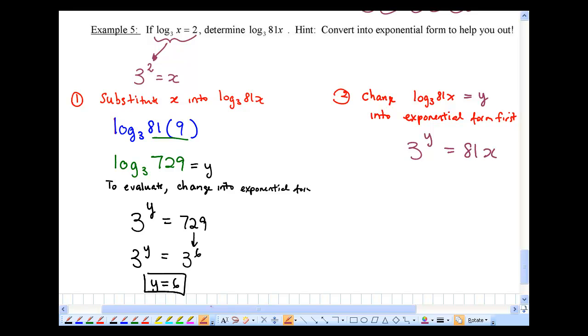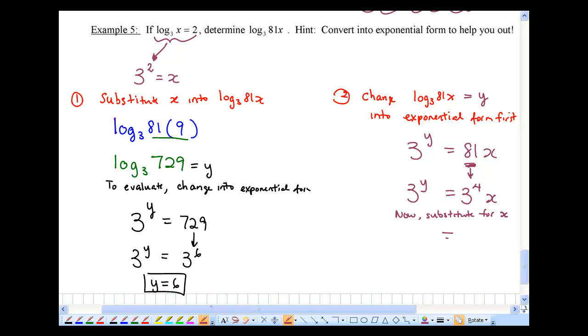And notice I know that it's base 3, and I'm thinking maybe the 81 I should convert to a base 3 number. And most people will already know that that's 3 to the power of 4. Good. And then at this point, now I'm going to substitute for x. So I'm just doing it in different places in time, right?